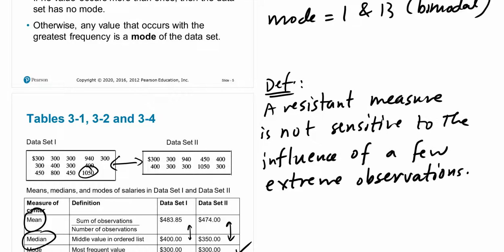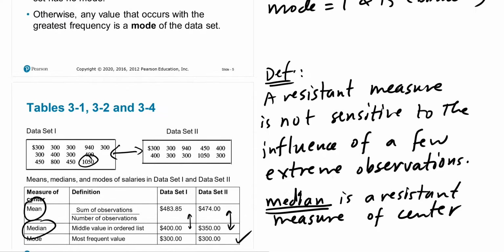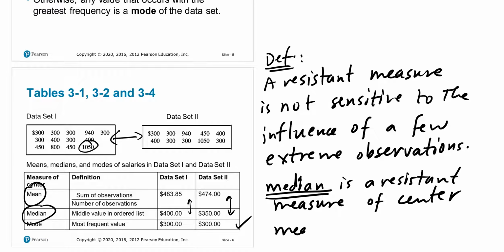If I want to apply this definition to the mean and median, then we can say the median is a resistant measure of center. The mean is not.